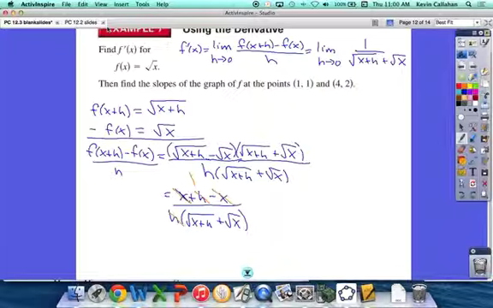Now what do I get if I do direct substitution? In the denominator, if the h is 0, then it's the square root of x plus the square root of x. So this whole thing is 1 over 2 times the square root of x. That's f prime of x.